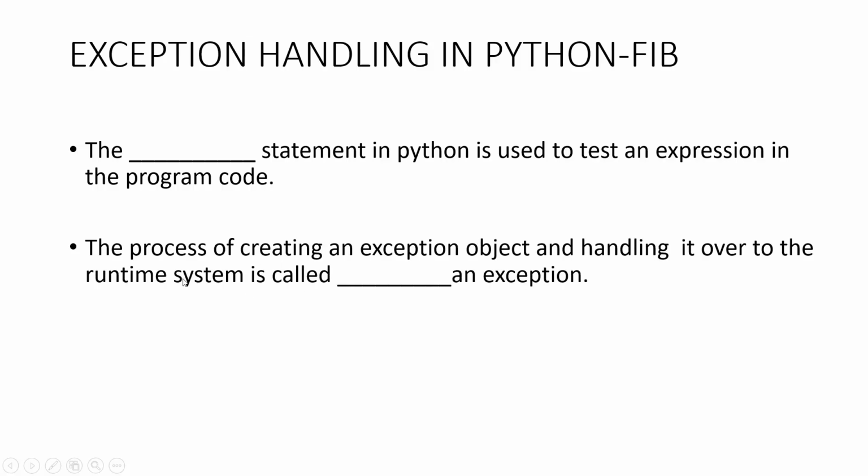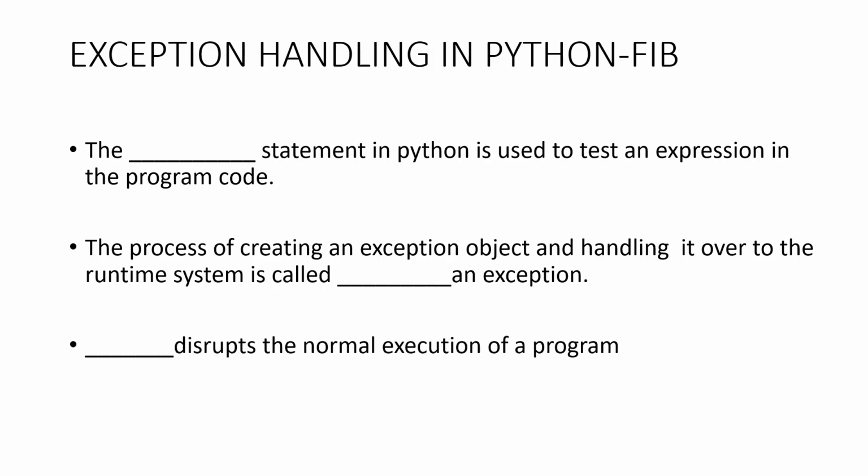And the second question is, the process of creating an exception object and handing it over to the runtime system is called dash an exception. Another question, dash disrupts the normal execution of a program. Now there are three options here: assert, throwing, and exception. You have to choose the correct one, and the correct answer is already posted.